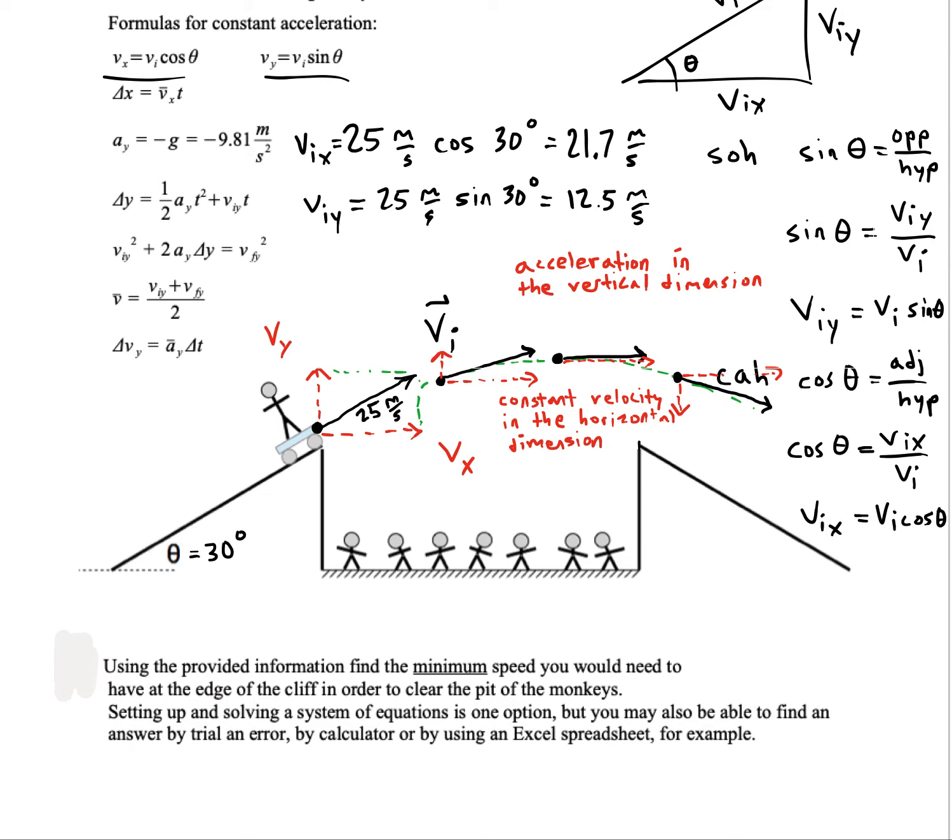Alright, so let's try it. Perhaps we could say this. How long does it take to cross? Given the fact that velocity is constant in the horizontal dimension, we could find the time t.